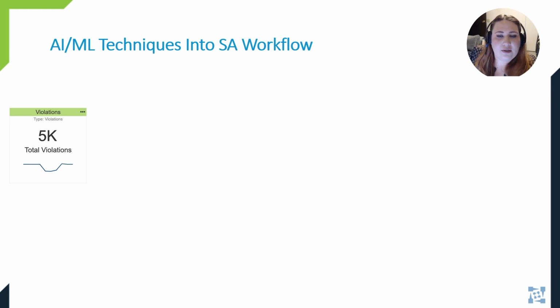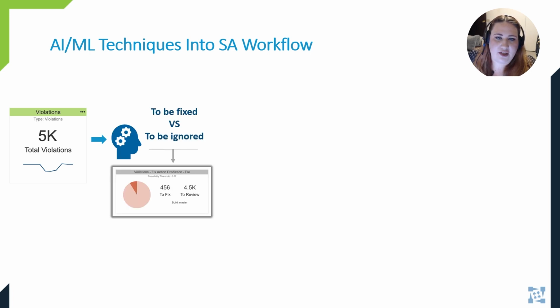The AI learns from these triage actions and is able to then provide recommendations on how to prioritize other static analysis findings for remediation. Having a way to easily classify findings based on the probability of the violation being fixed or ignored can make a big difference in accelerating the remediation process and reducing the burden on development teams.